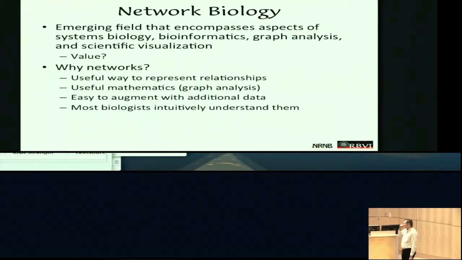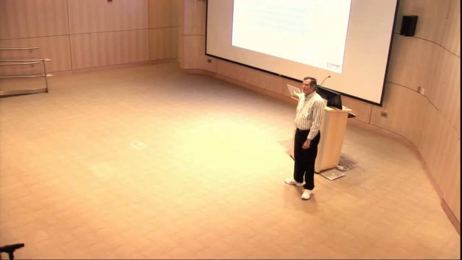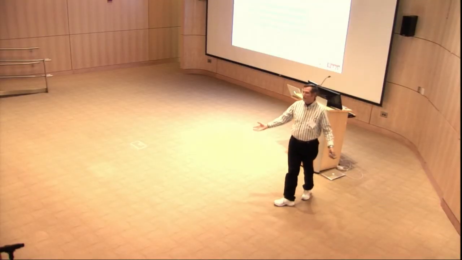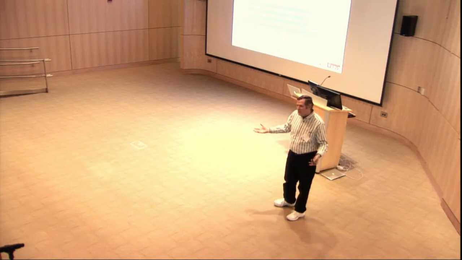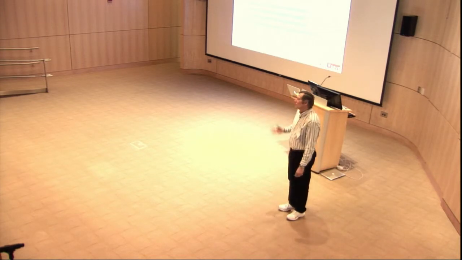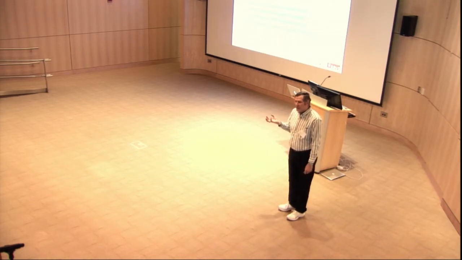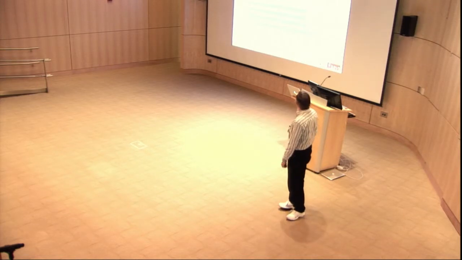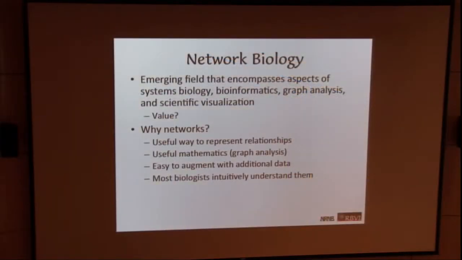Why networks? They're just useful. It's a great way to express interaction or relationship between things. There's some useful math behind them that we can apply. And they're easy to augment, I will assert, and we can talk about that as we go through. And what I've found, at least in working with our collaborators, is most biologists intuitively understand them.